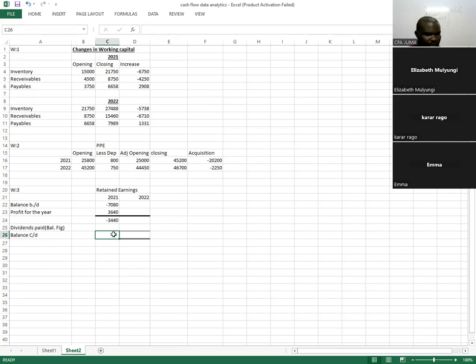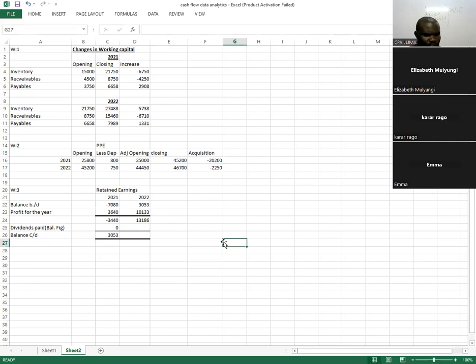In 2021, the closing profit is 3053. So that increase means there is no dividends. So 3053 is the opening, that one becomes the opening in 2022. Then during the year 2022, check P&L above. They made 10,133. So add the two.